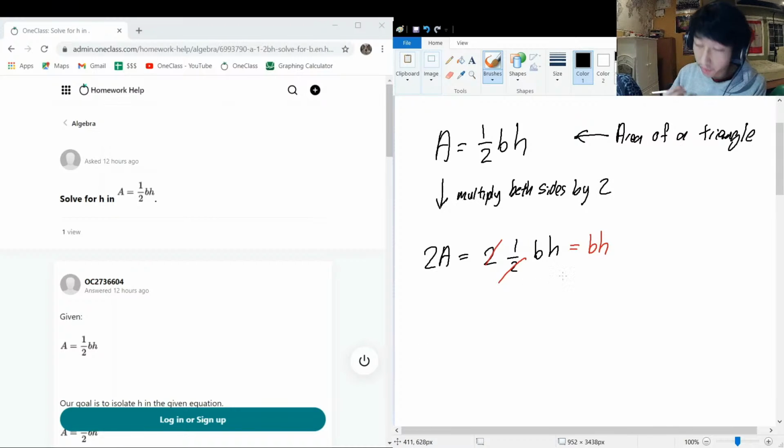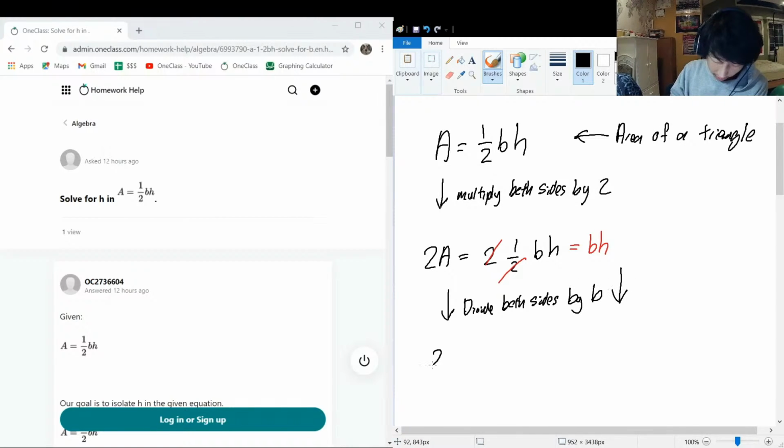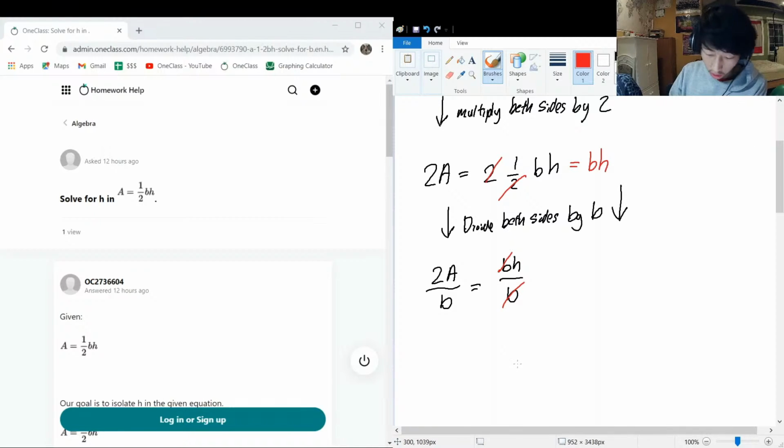And then we want to divide both sides by b. So we're going to have 2A over b is equal to bh over b. And we can see that the b on the top and the bottom, they neutralize each other. So we can rewrite this as h.